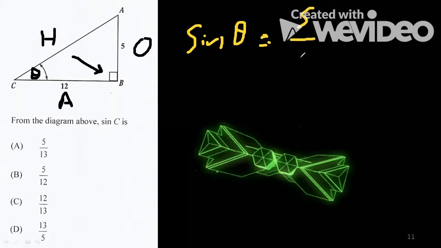If you can recall the Pythagorean triples, we have 5, 12, and 13. So the hypotenuse is actually 13. Or we can just use Pythagoras' theorem the long way.